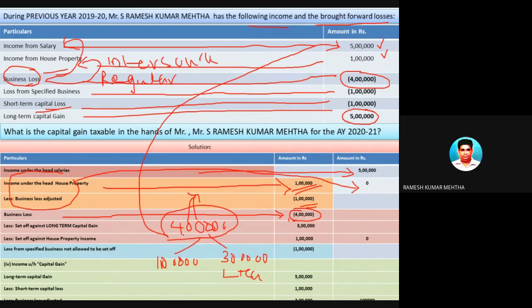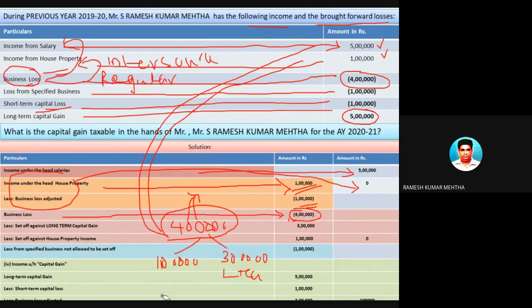And if the income tax rules permit to set off this loss against salary, then everybody will start manipulating his accounts and eventually evade tax. That's the reason why business loss cannot be set off against income from salary.